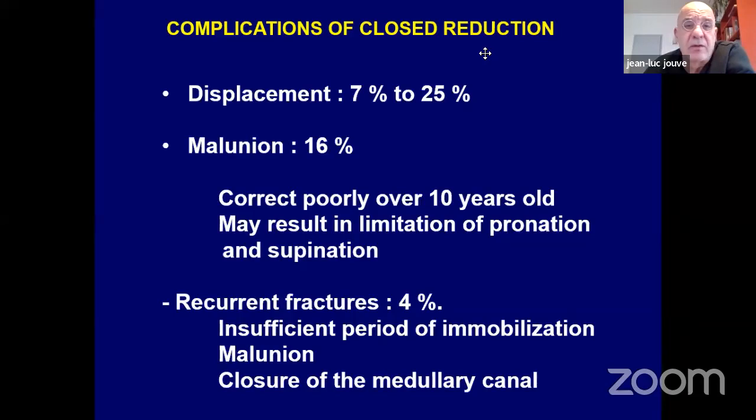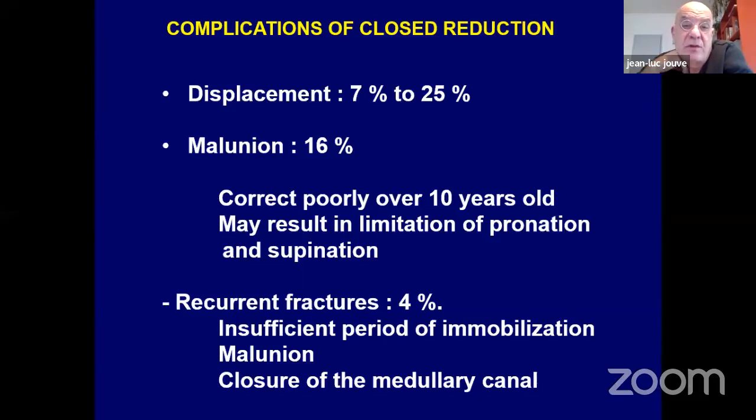You see that there are a lot of complications in case of closed reduction. The first is, in my opinion, the displacement. In the different lectures and papers, you have 7% to 25% of secondary displacement.